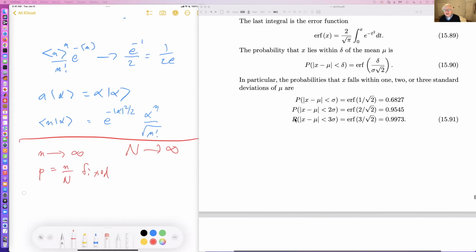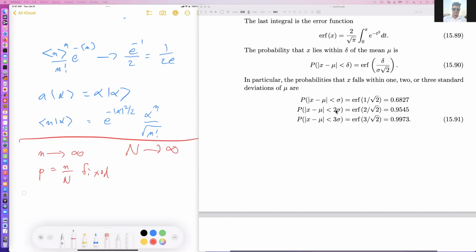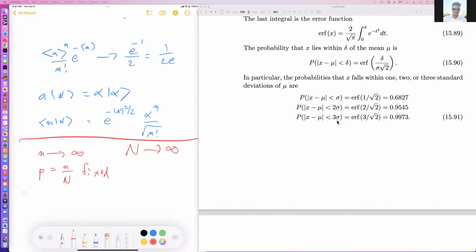And so there are various probabilities that people talk about, and in particular, for delta they use the standard deviation, which is the square root of the variance, of course, or 2 sigma or 3 sigma.